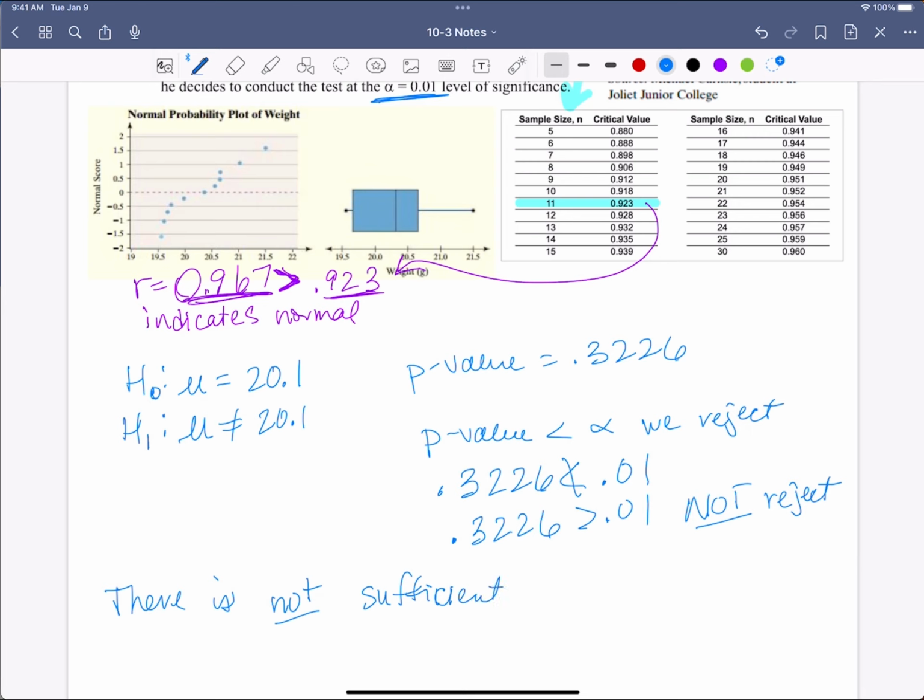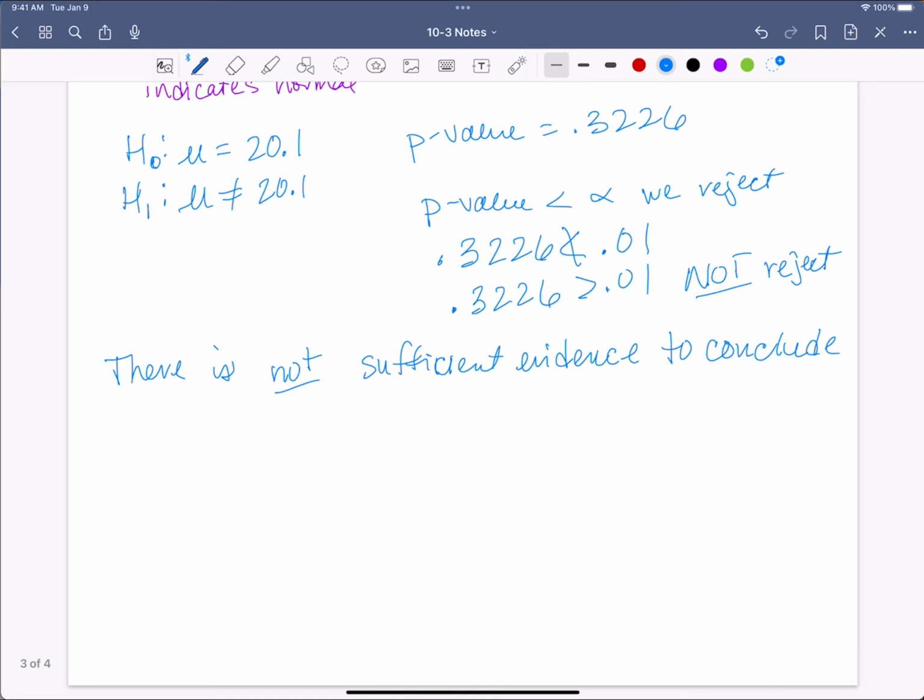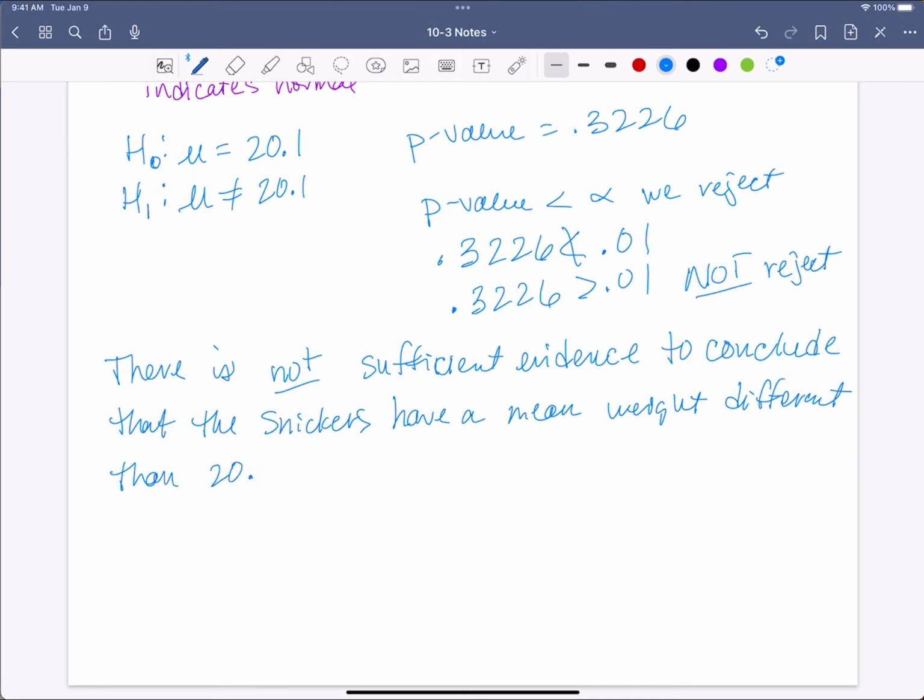So there is not sufficient evidence to conclude that the Snickers have a mean weight different than 20.1 grams.